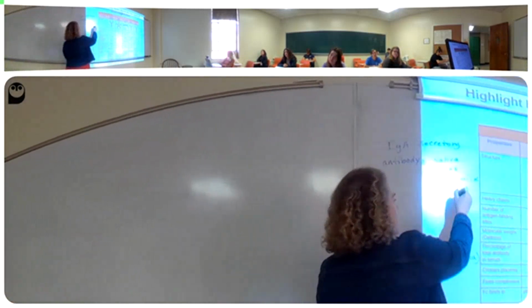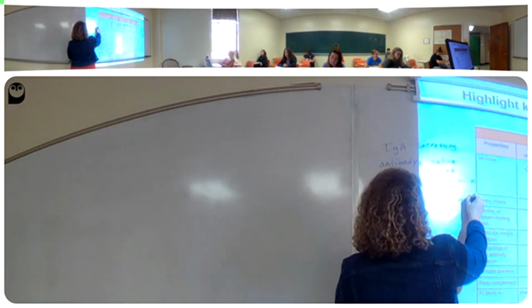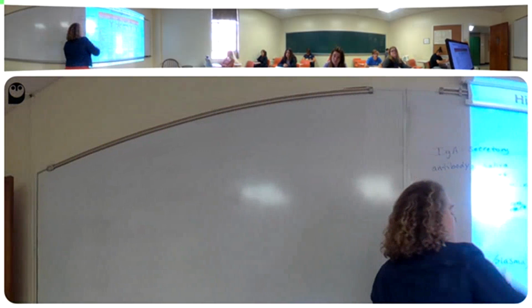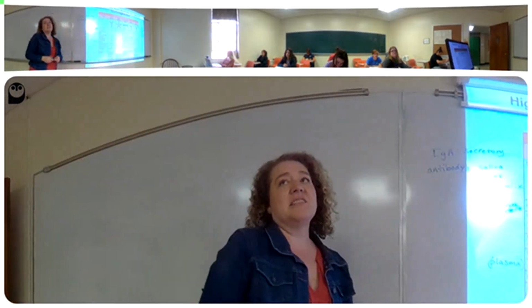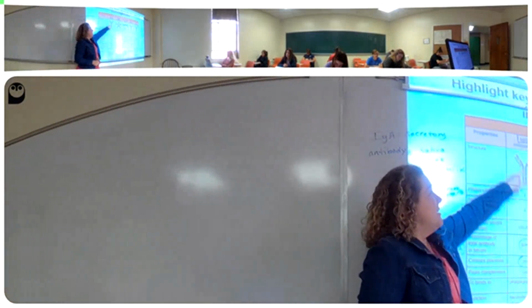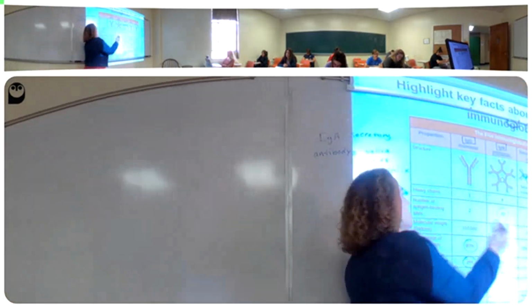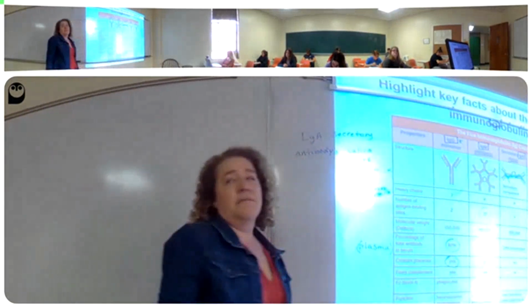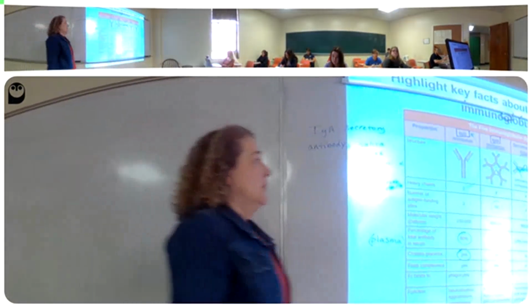This, just in case you need this for other future upper level classes sometime. These are the Greek letters that match this name. So this is gamma for like IgG.